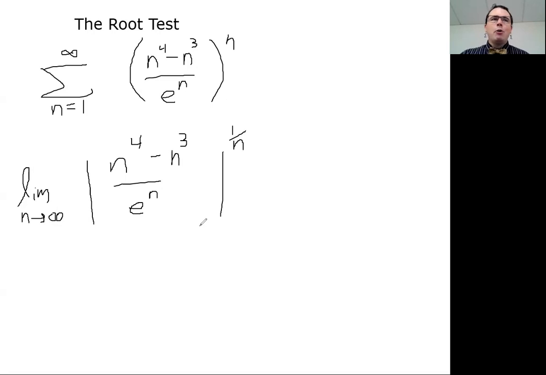But for whole numbers, starting at 1 and up, this numerator, well, 1 to the power 4 minus 1 to the power 3, that's 0. But for 2 and up, n to the power 4 is going to be a larger number than n to the power 3. So this numerator won't ever give me a negative number.